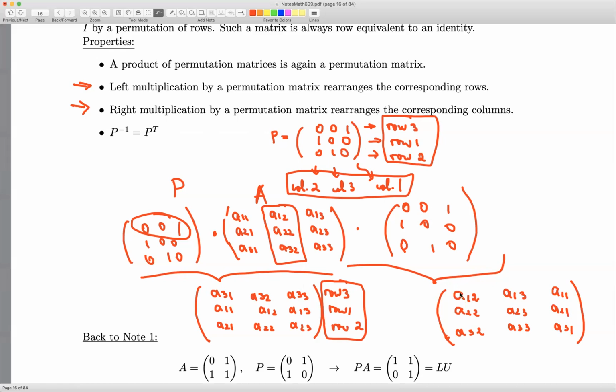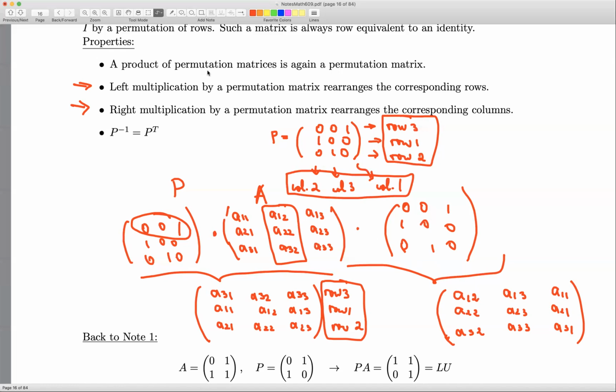In which way? They follow the same rearrangement as the rearrangement of the permutation matrix from the identity. So if the permutation matrix is obtained from the identity following a particular rearrangement, then the product will be obtained from the original matrix following the same rearrangement.